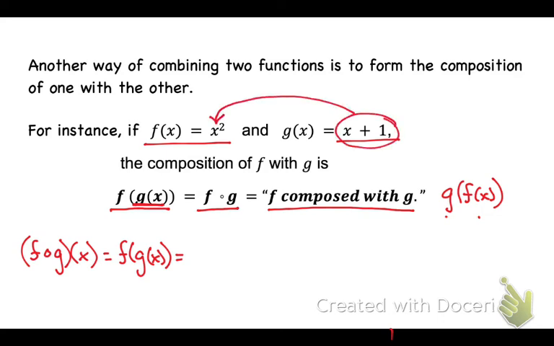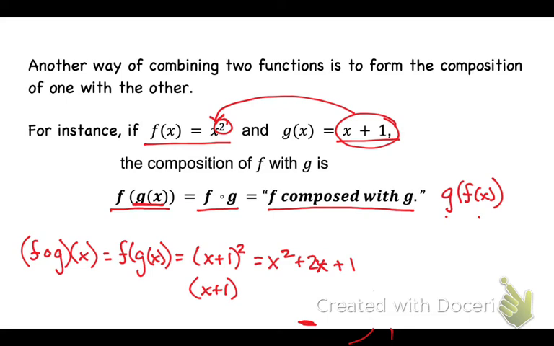If there's 10 x's, I have to put it in there. So it's going to be the quantity x plus 1 squared. Now remember that's x plus 1 times x plus 1, correct? So x squared plus 2x plus 1? Check my math, but I'm pretty sure I'm right.